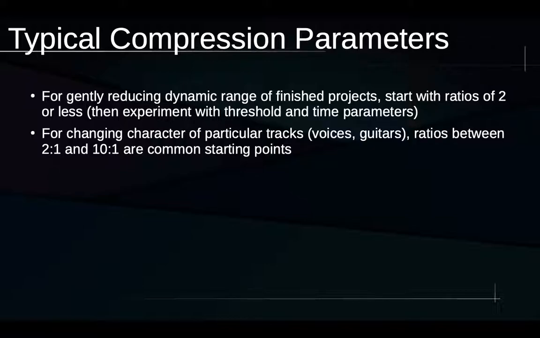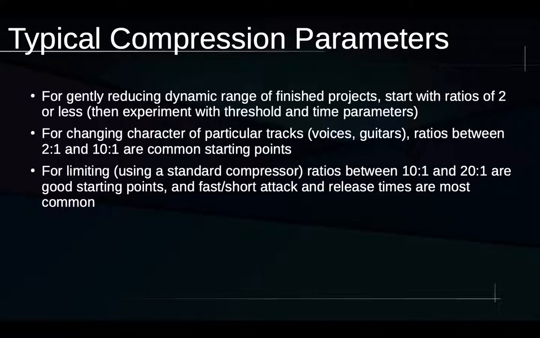If our purpose is rather to change the character of a particular track and make it more punchy or present, we want that voice to sound more like a radio shock jock, or that guitar to sound more metal, maybe we're going to start with ratios between 2 and 10, and then work from there. Higher ratios, in other words.